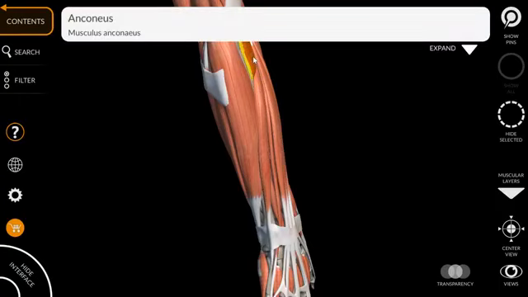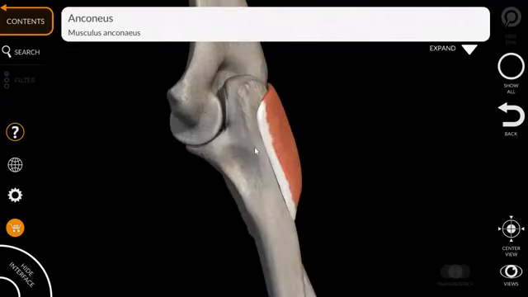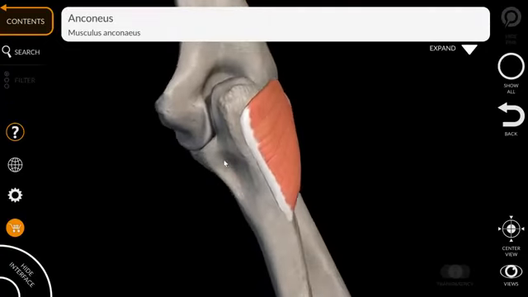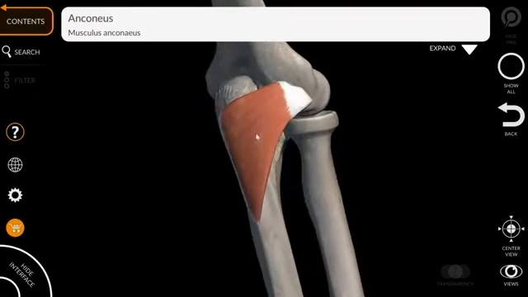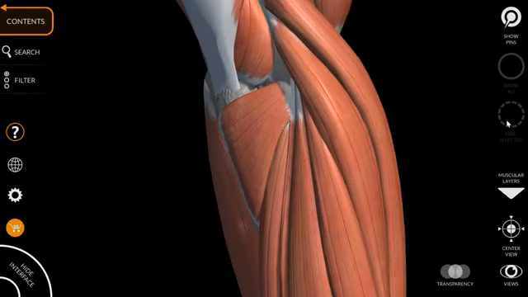Then there is another muscle, anconeus, and you can see here it is attaching to the back of the ulna and originating from the lateral epicondyle of the humerus. So these were the muscles in the superficial layer.